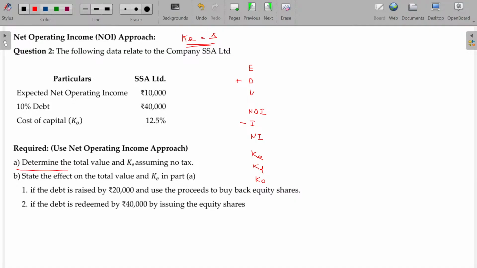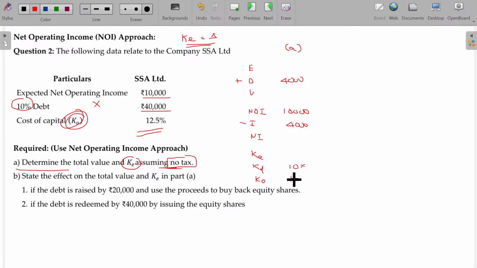In the very first scenario, determine the total value and KE assuming no tax. Usually we don't have tax. Scenario A: expected net operating income 10,000, debt 40,000, applicable rate of interest 10%, so the amount of interest is 40,000 into 10%, which is 4,000.